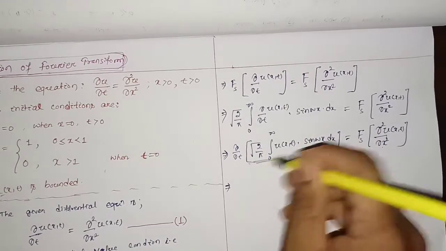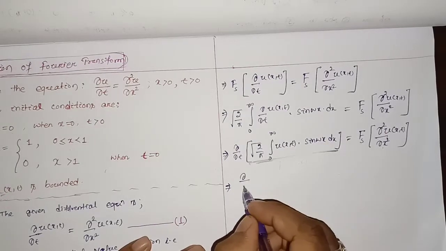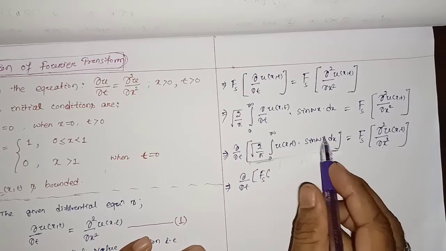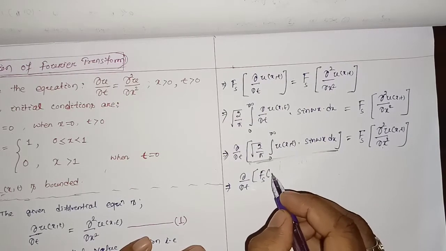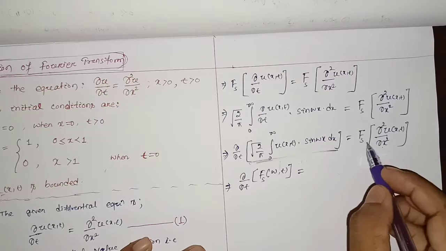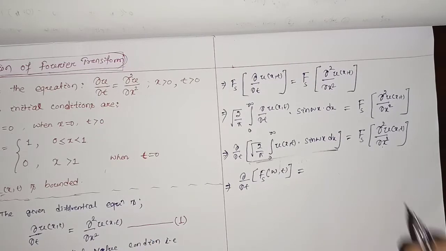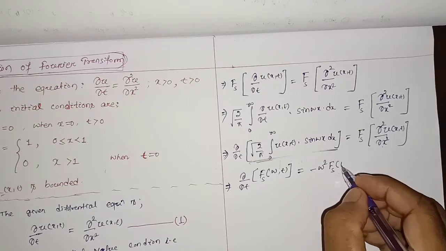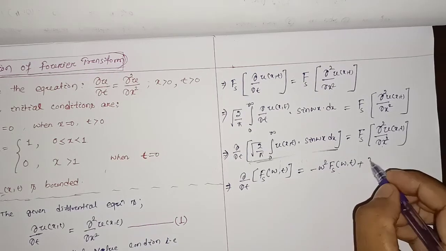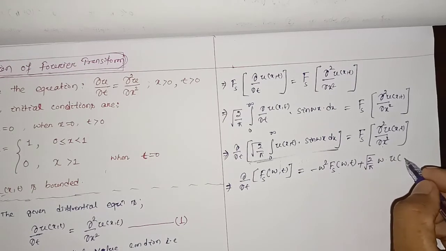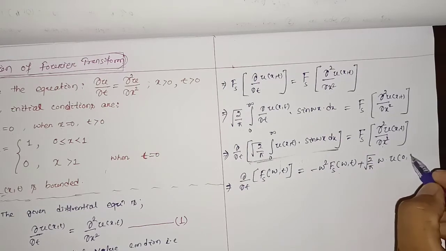So del by del t of capital Fs, the Fourier sine transform applied over variable x, so instead of x omega, t, will be equal to the Fourier sine transform of the second derivative of u(x,t), which will be equal to minus omega square capital Fs(omega, t) plus root over 2 by pi, omega into u, instead of x 0, t.